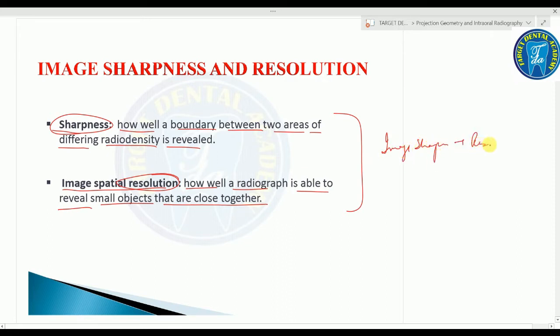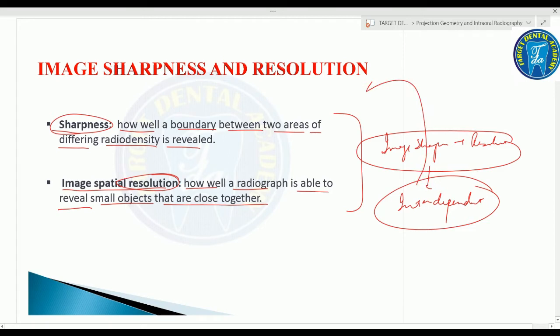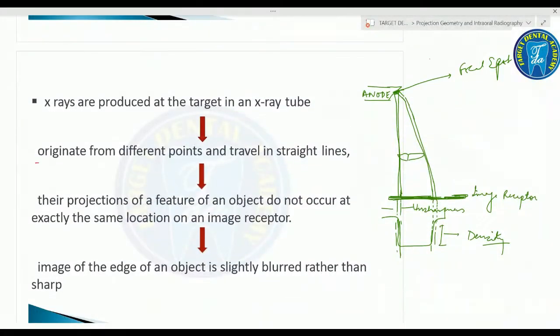These two are distinct features, yet they are interdependent. Now let's discuss image sharpness and resolution.